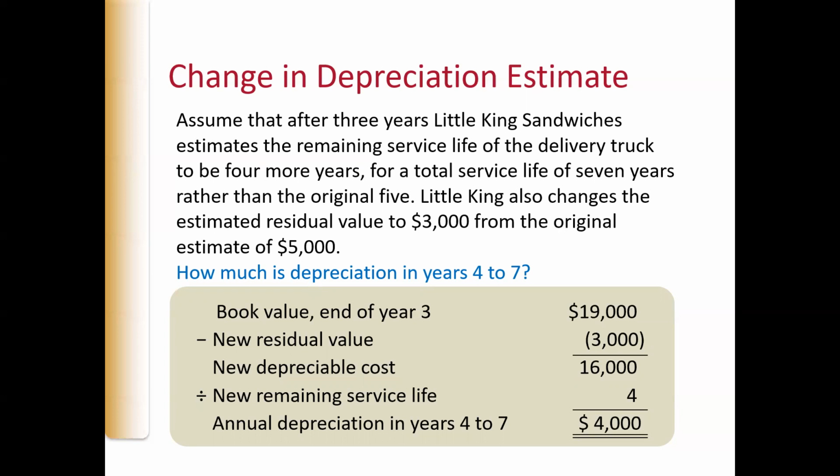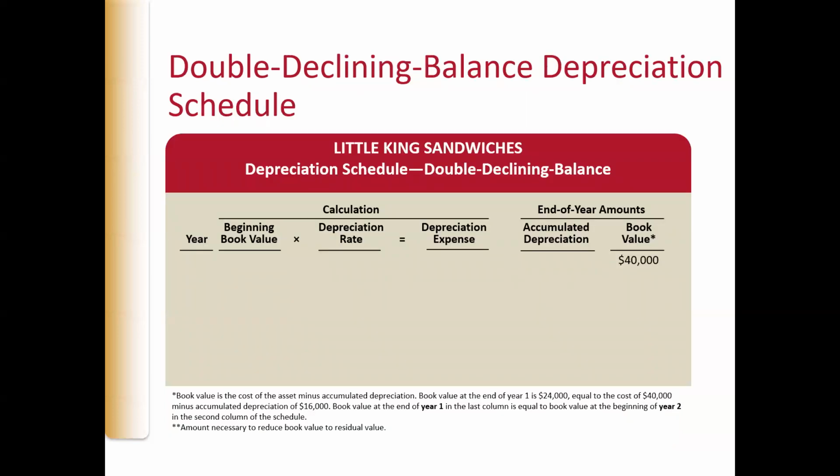So our new depreciable amount we're going to depreciate is $16,000. Divide that by 4 years. We're going to depreciate $4,000 per year. Remember, guys, we never go back. Keep it as is. But going forward, we adjust the depreciation.